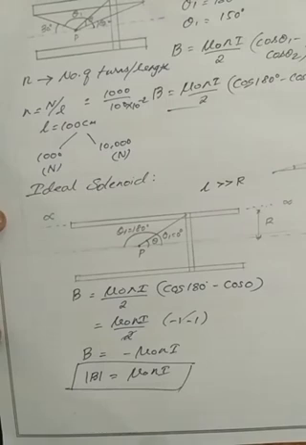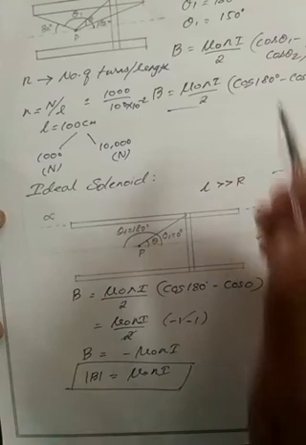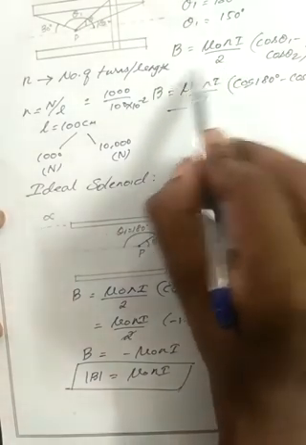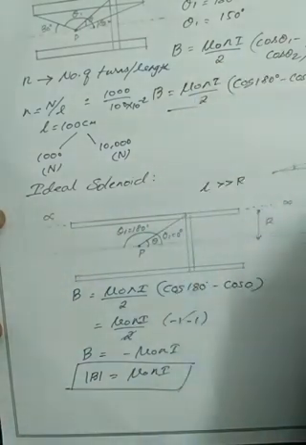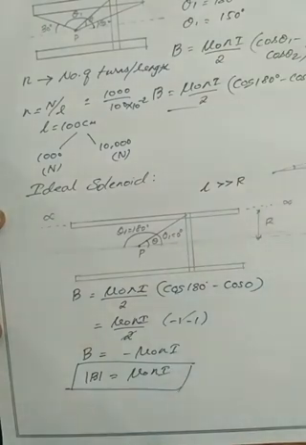Even if they don't give an ideal solenoid or the value of infinite length, whatever they give, we have to use this equation until they mention finite length. If they mention finite length, then only we use the other equation. If they did not mention finite length, then in all cases we use this equation to find the magnetic field of the solenoid.